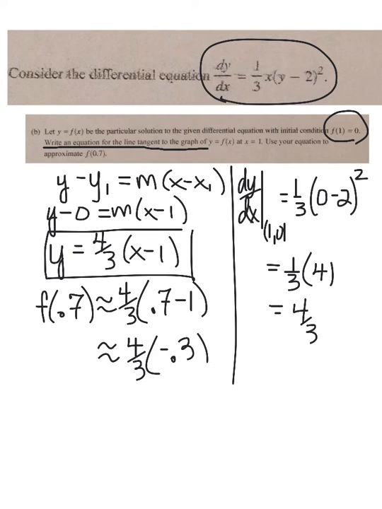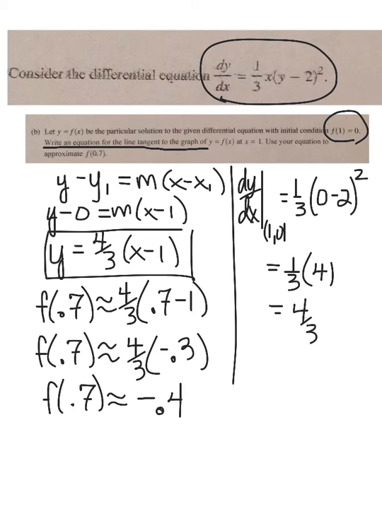Now you can leave your answer like this if you want to. There's no need to calculate it any further, or you can be a little crazy like me, and I'm going to keep going. So that ends up being negative 0.4. But again, either one of these would be fine.